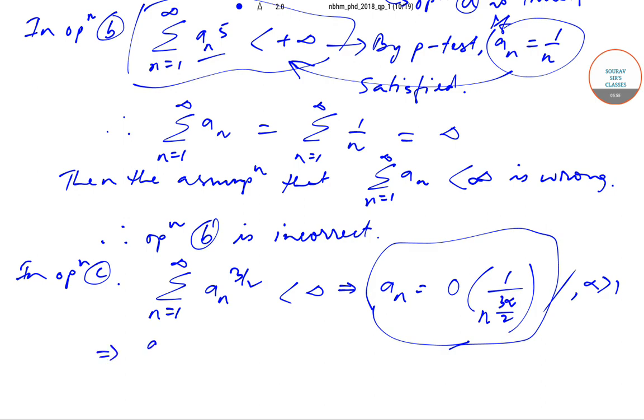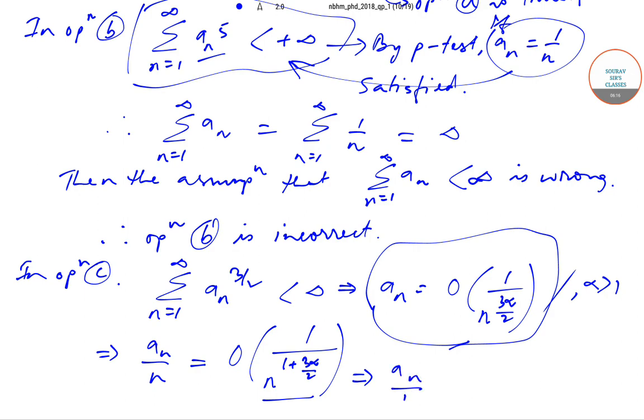If we now divide both sides by n, a_n by n is equal to big O of 1 by n to the power 1 plus 3 alpha by 2. That will imply that the summation of a_n by n, where n goes from 1 to infinity, is less than infinity, which implies that option C is true.